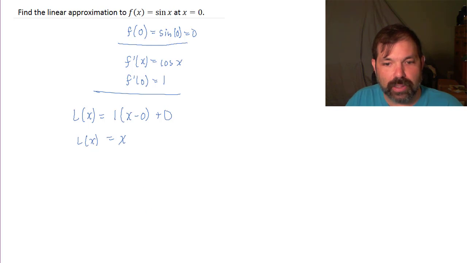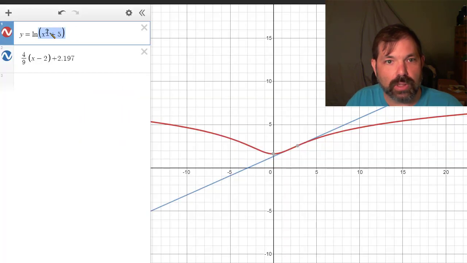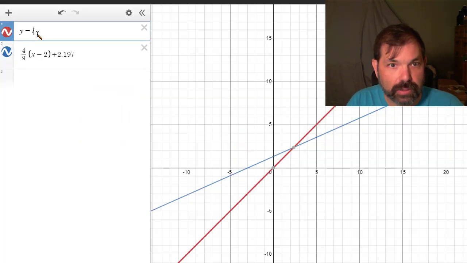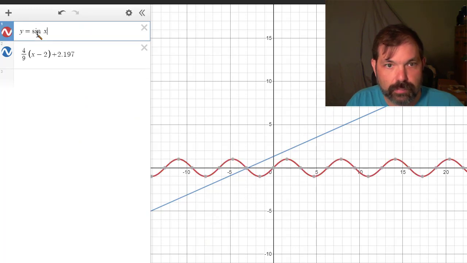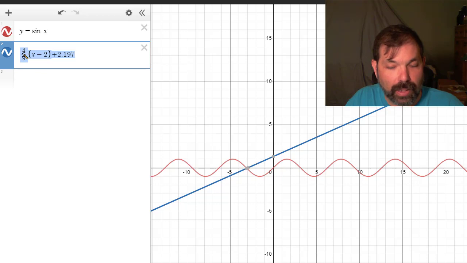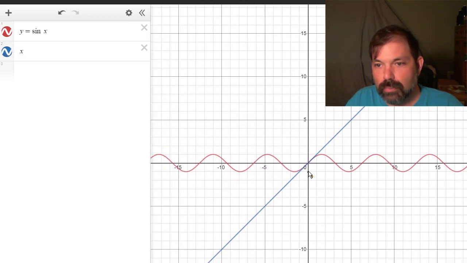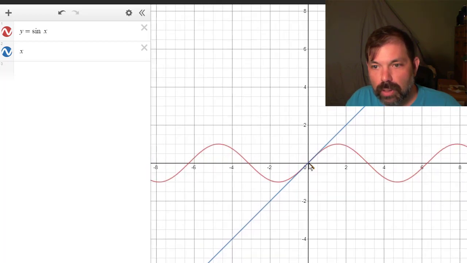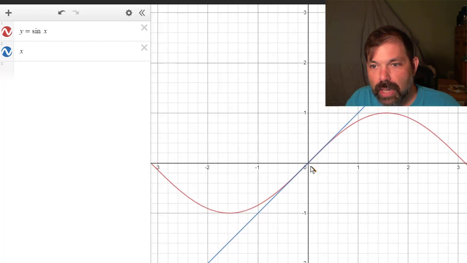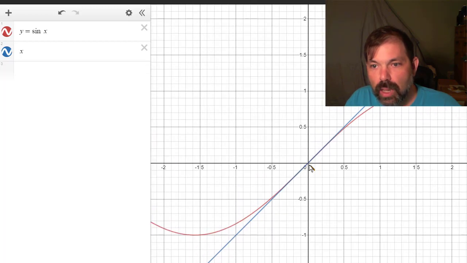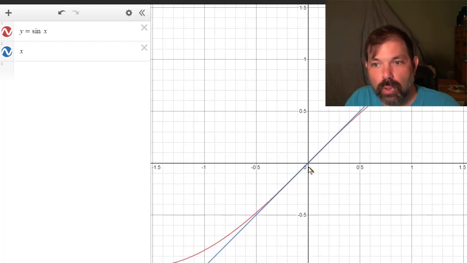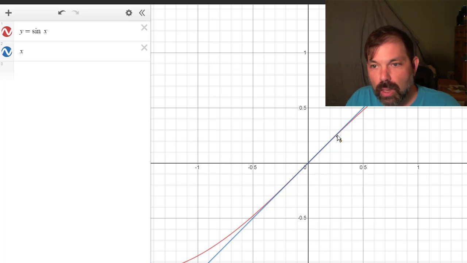Let's see that graphically. Again, here's Desmos. Let's graph sine x. There's sine x. And let's graph x. And let's zoom in on x equals 0. Notice how that blue line is a very good approximation of the curve for a small angle.